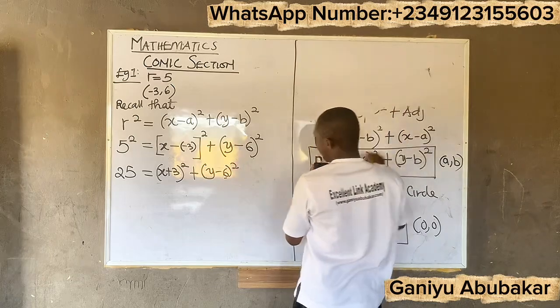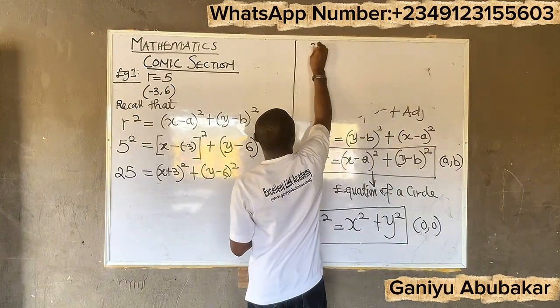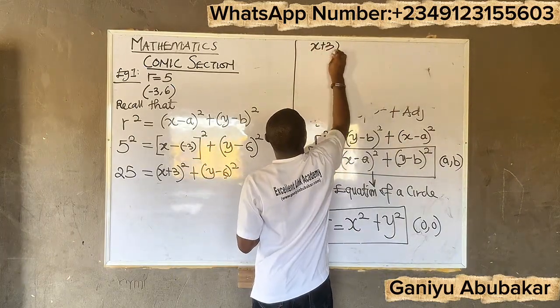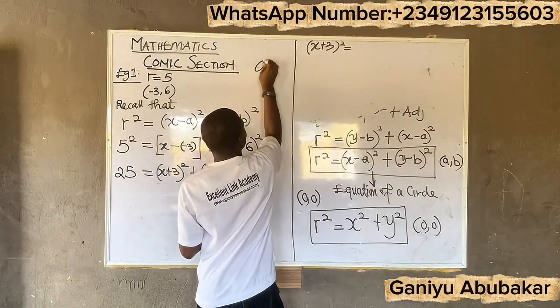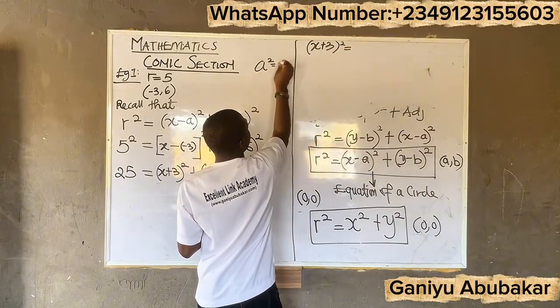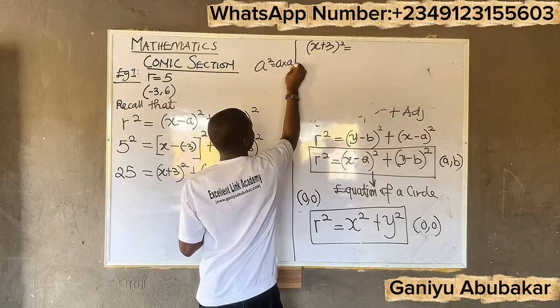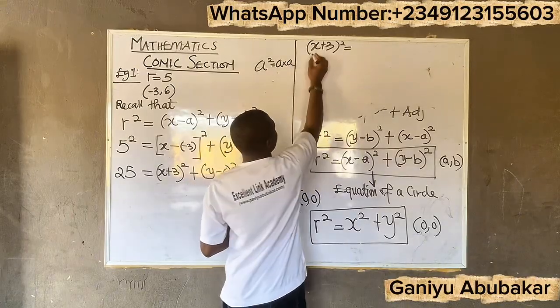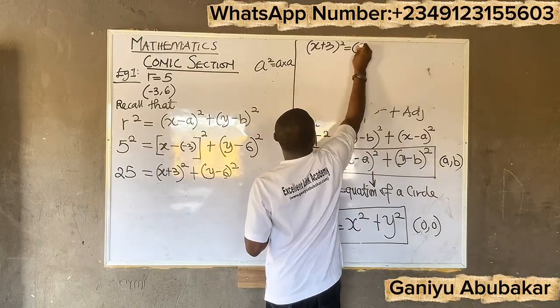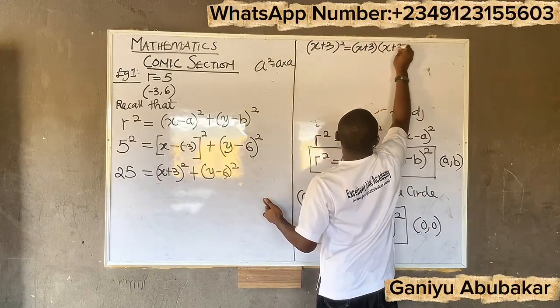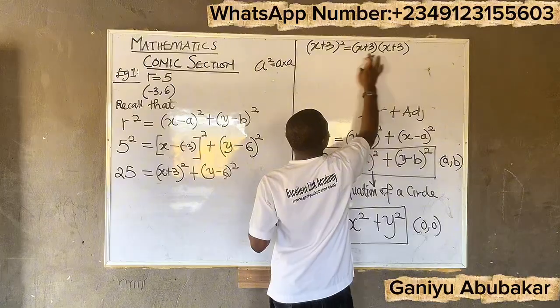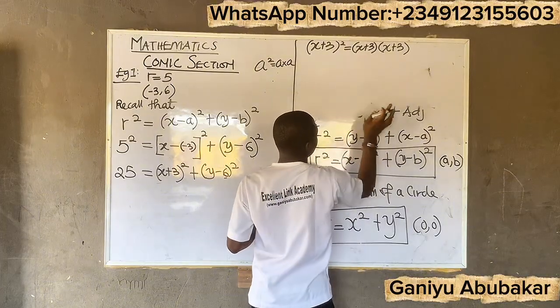If I have x plus 3 all squared, this simply means, if I have a squared, it means a in two places, a times a. Similarly, x plus 3 squared means x plus 3 times x plus 3. So how do I expand these two brackets? It's simple.